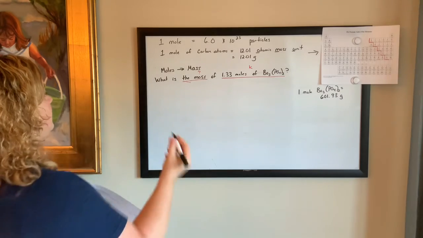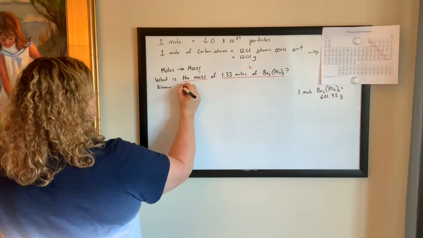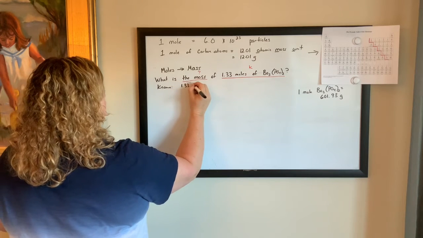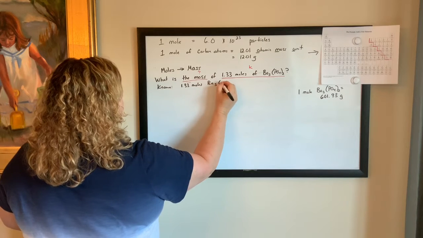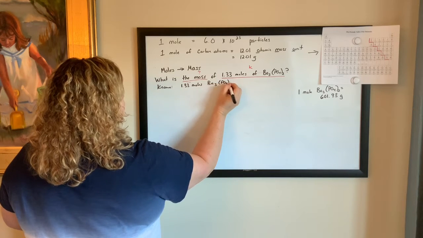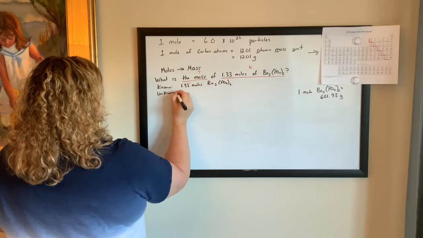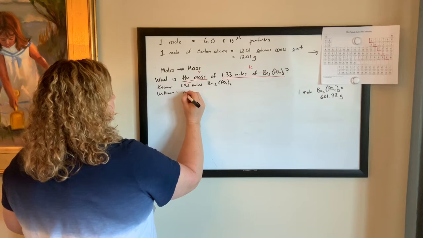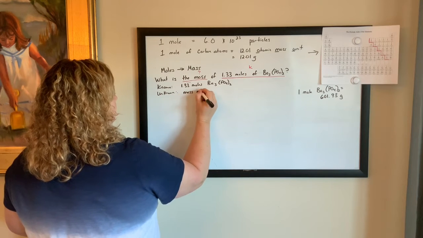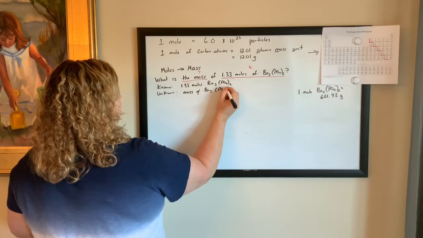So I want to write down my known is 1.33 moles barium-3 phosphate. My unknown is going to be the mass of barium-3 phosphate.